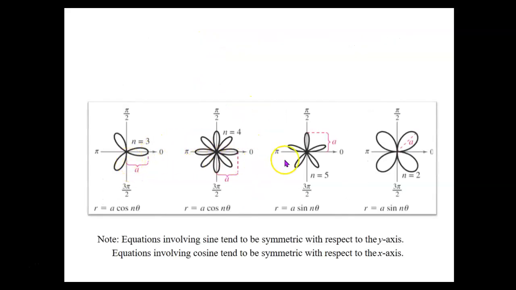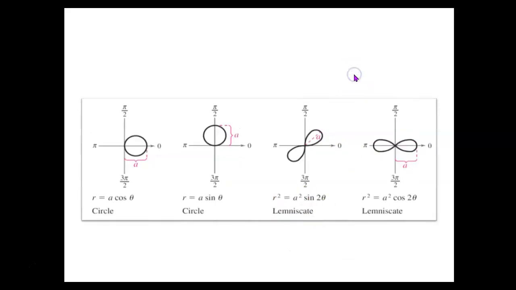We've already talked about these rose curves and the difference between whether n is odd or even. There are equations that give you just a circle. There are equations that give you a lemniscate, sort of a figure 8 kind of thing.